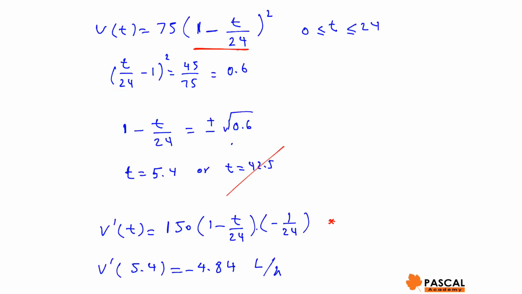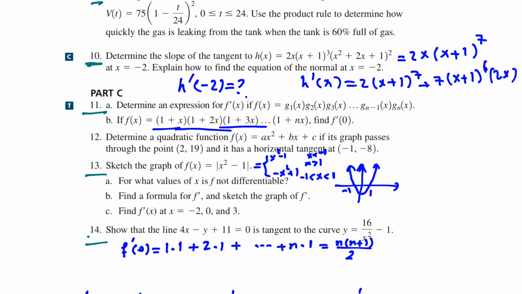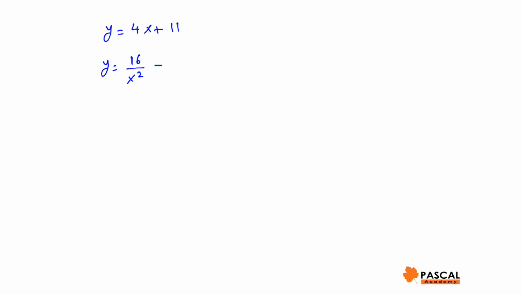The last question is asking to show that the line with the equation y equals 4x plus 11 is the tangent to the graph of y equals 16 over x squared minus 1.